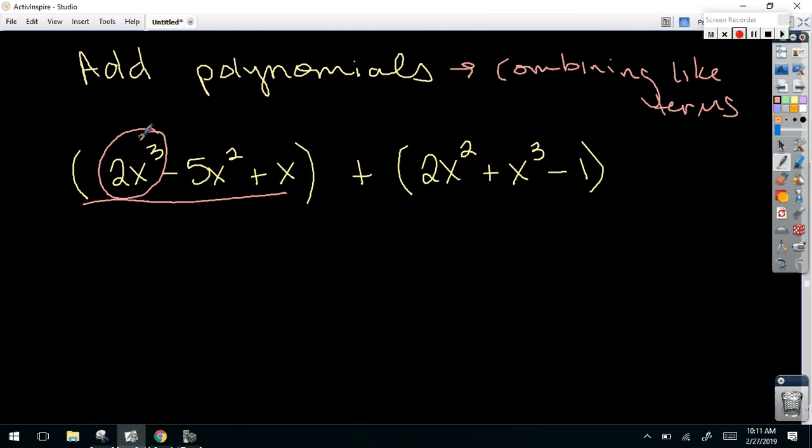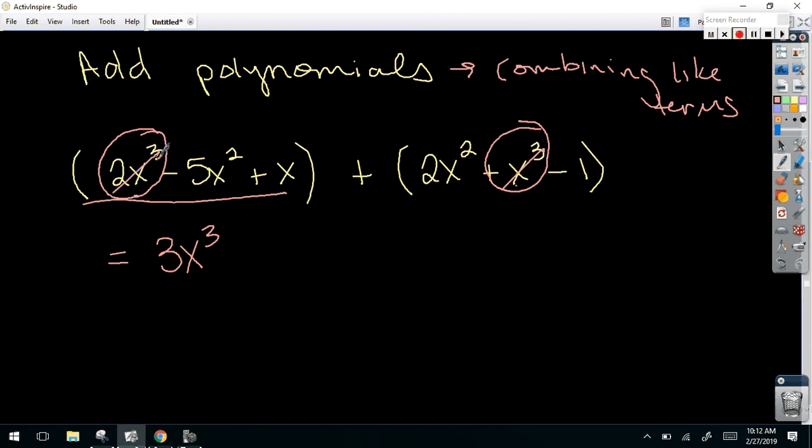Okay? If I look at, and I'll just start with a circle, 2x to the third, anywhere in this problem, is there another x to the third? Yes, on the right side. Okay, I've got a positive x to the third. Do we agree? If you combine those, what is 2x to the third plus 1x to the third? 3x to the third.